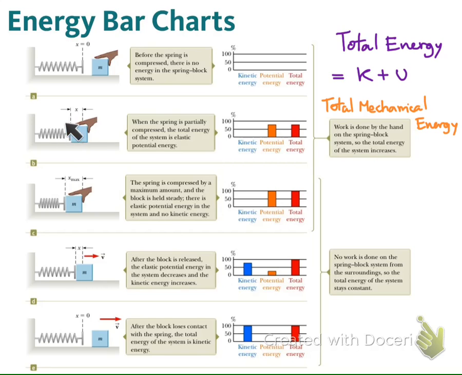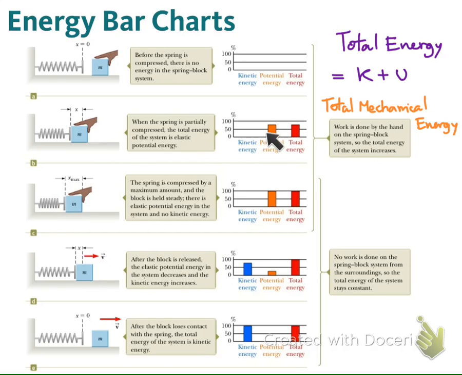When we compress the spring, we have the potential energy from the spring here. And when we reach the maximum compression, after that we release the object, and the potential energy in the spring changes to the kinetic energy.